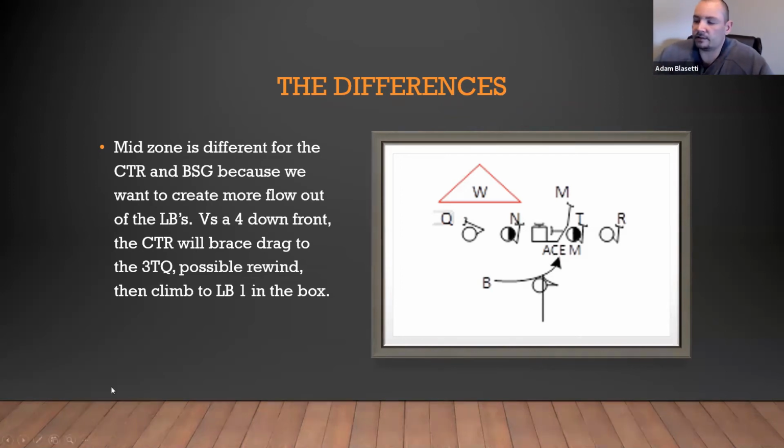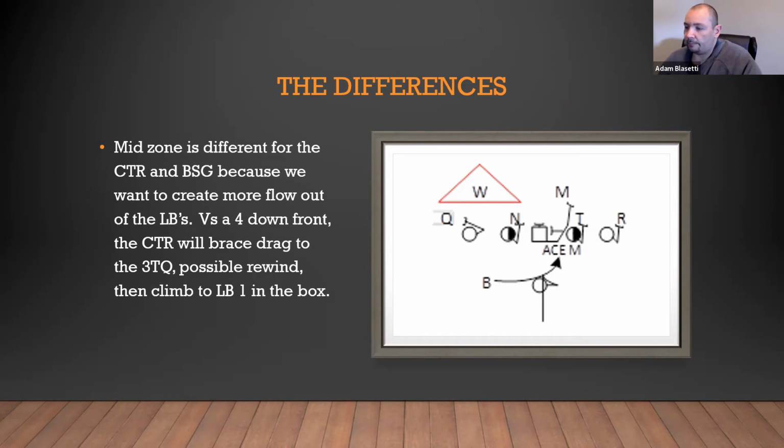If there's any part of the 3-tech that's hanging backside, for instance, if he hasn't quite got all the way across the midline, if part of his shoulder pad is sticking back out, that's where the idea of a push climb comes in, where the center will push on that shoulder pad to try to clear it out and allow the guard to tear that defender across his face and then climb to the second level.